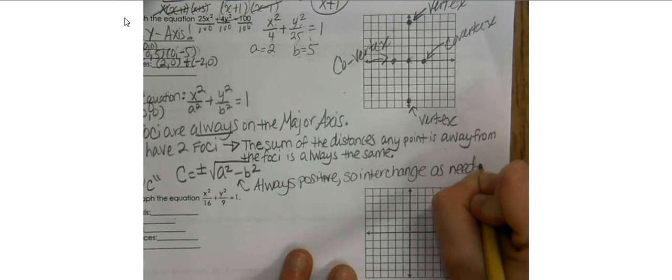So this value underneath the square root is always going to be positive. So interchange the A squared and B squared as needed. Meaning that in this case, 25 is bigger.